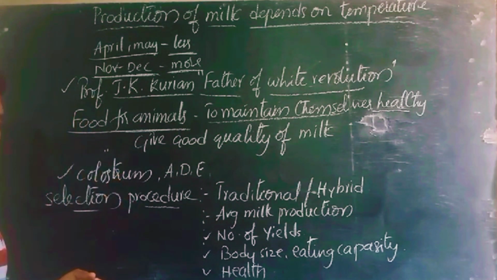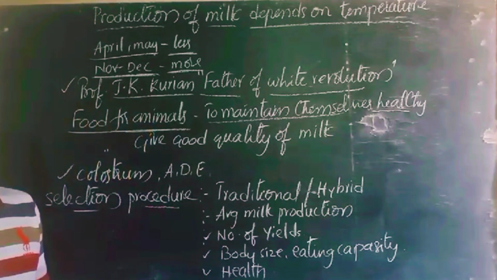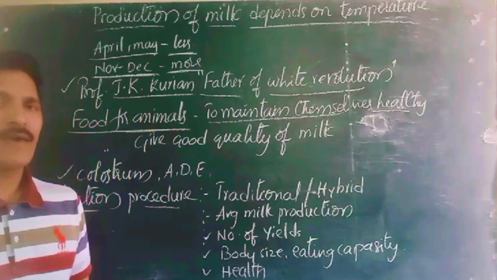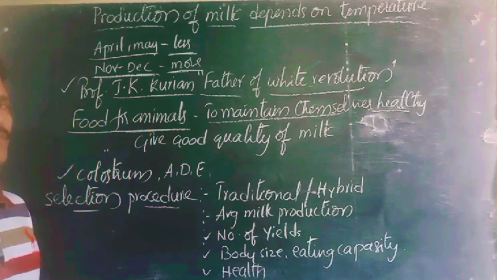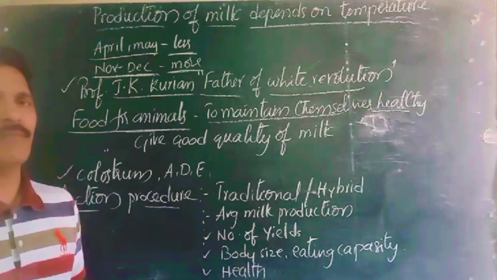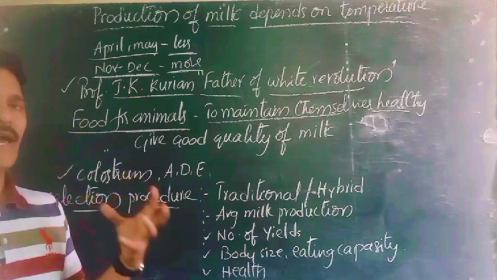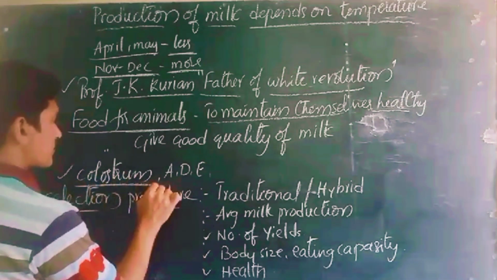Usually when cows and buffaloes give birth to the young ones, after that they give a different kind of milk, the yellow colored milk, which is generally called colostrum.